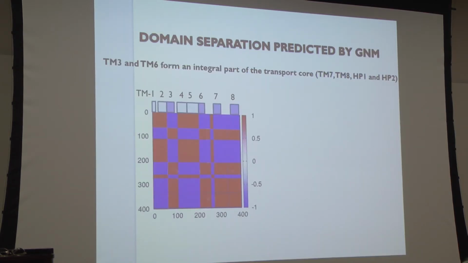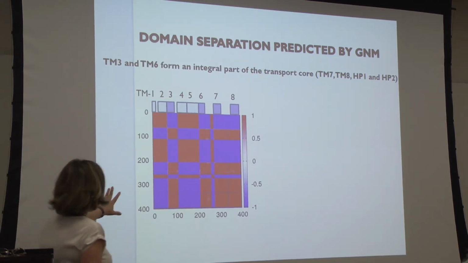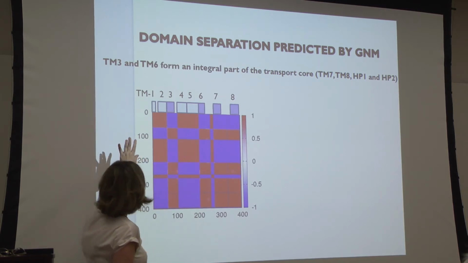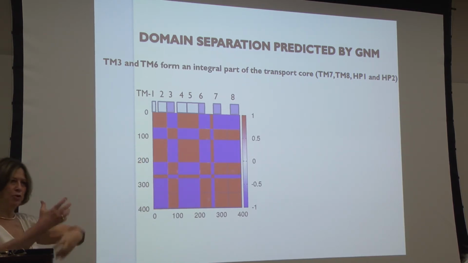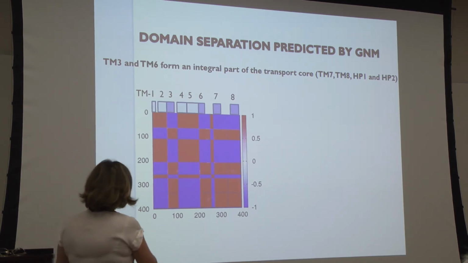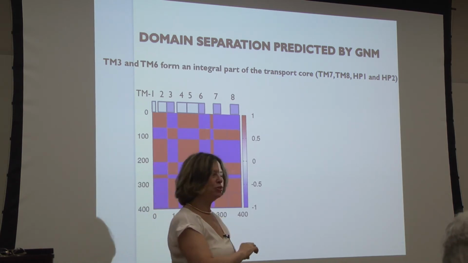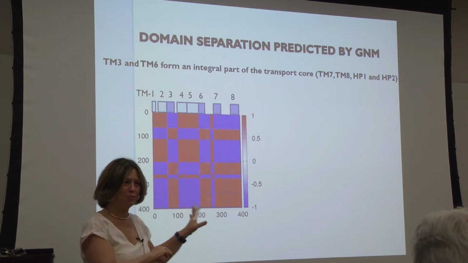Okay. Oh, remember also I mentioned this domain separation thing. Now, when we do our GNM analysis and we look at this mode, the dominant mode that's important, if you use only a single mode, you get a very clean cross-correlation map.